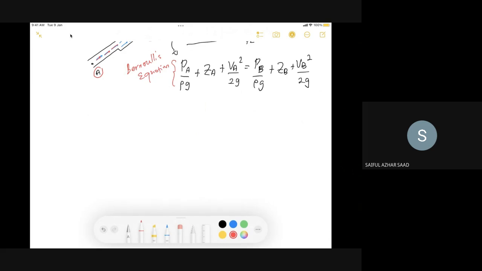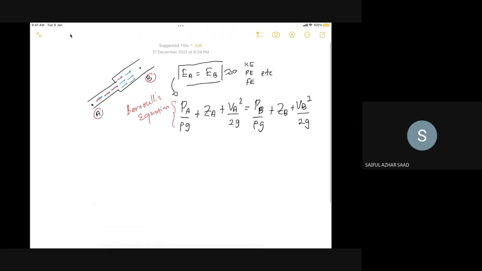Even though Bernoulli's equation is the basic equation for fluids that are flowing or moving, it has many assumptions. For example, going back to here, let's say the water is flowing from point A to point B. Definitely some of the water is near the wall over here.